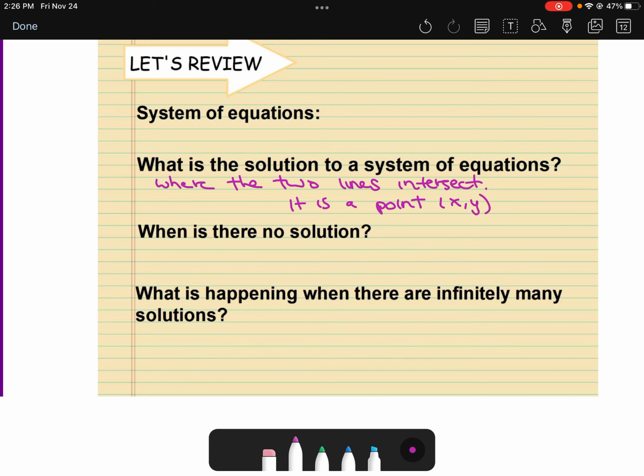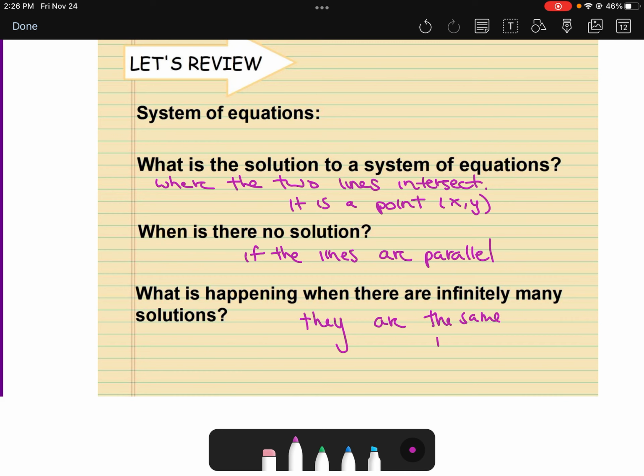So when are there no solutions? That would be if the lines are parallel. And what is happening when there are infinitely many solutions? They are the same line.